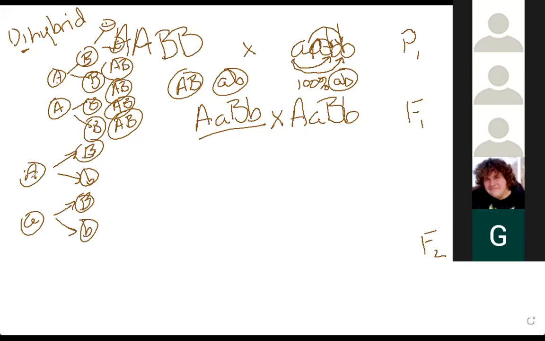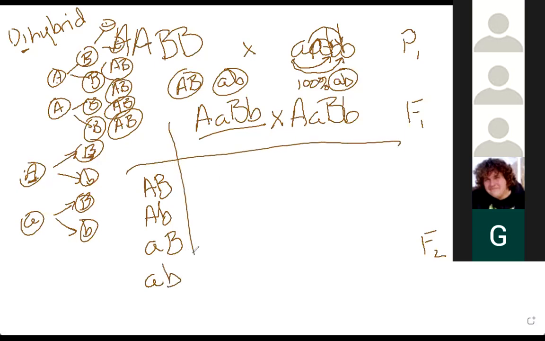So what are our combinations? I'll get you started. Capital A, capital B. Now what? Capital A, lowercase b. There you go. Well, now what? Lowercase a, capital B. Good. And finally, lowercase a, lowercase b. Oh, so easy. See that? Once you get the hang of it.